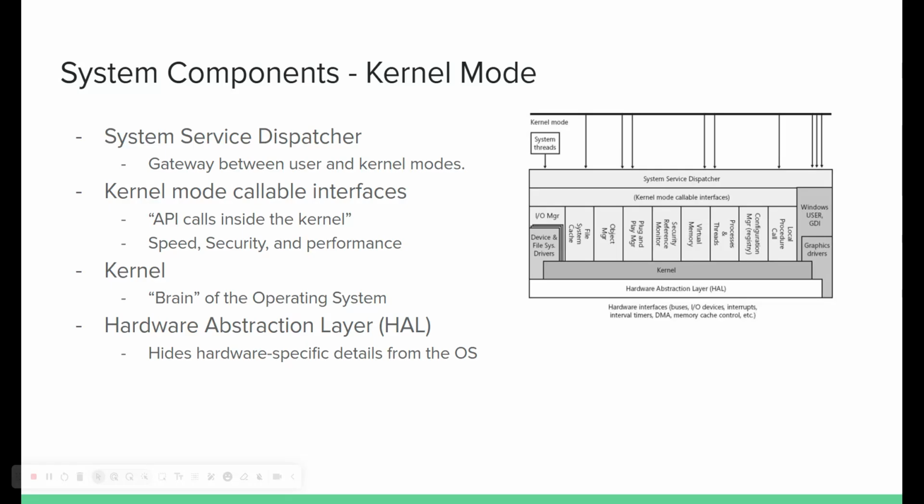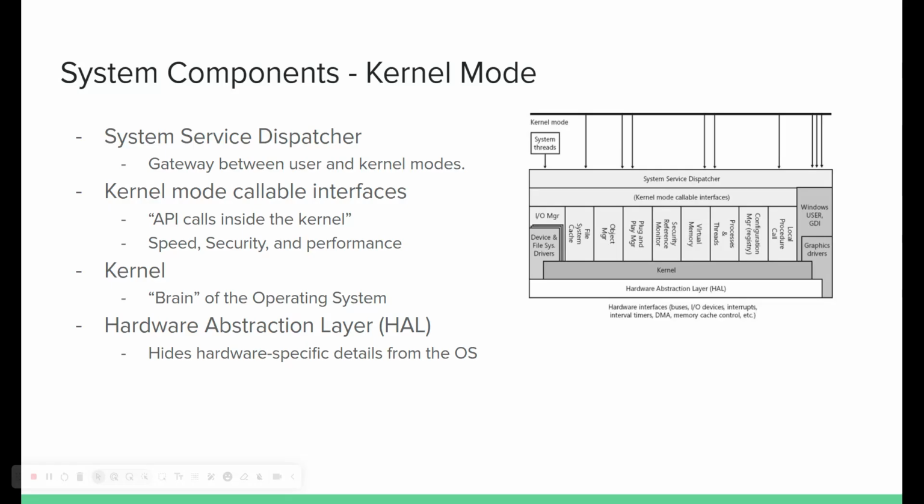So we can think of the service dispatcher as essentially the gateway and the mediator between user mode and kernel mode that ensures that our system calls are sent in the right direction and used in an efficient manner, and the correct function is applied.